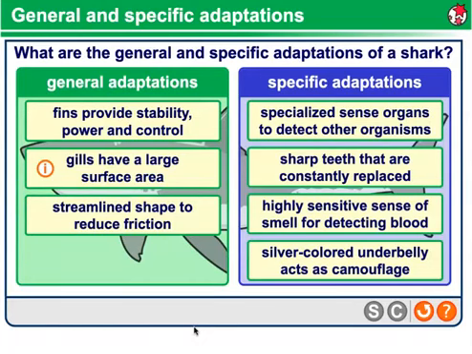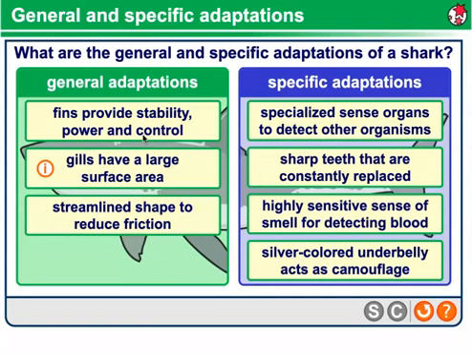So talking about a shark, looking at specific and general adaptations, we have general adaptations that include fins, which provide stability, power, and control. Gills have a large surface area that allows them to absorb as much oxygen as possible.